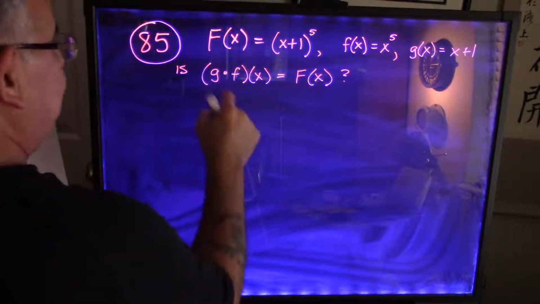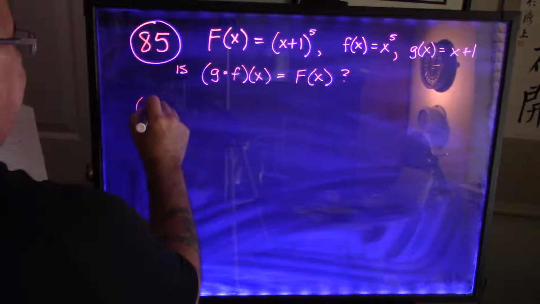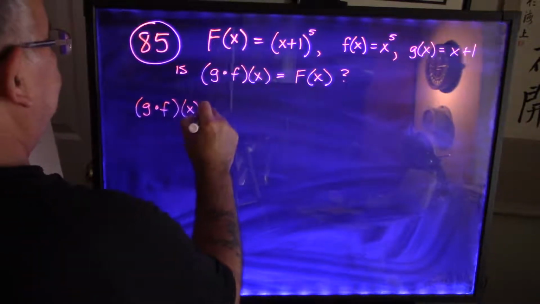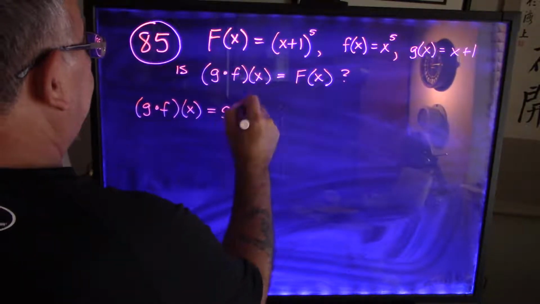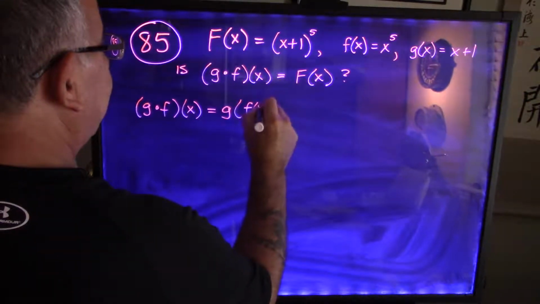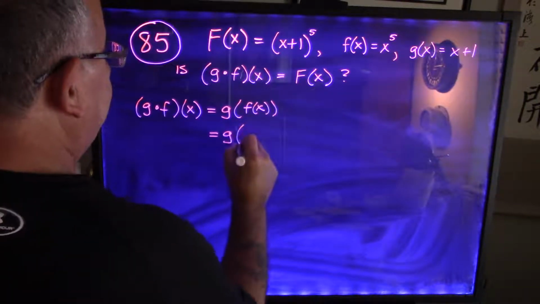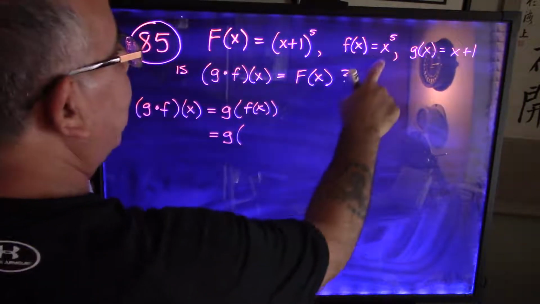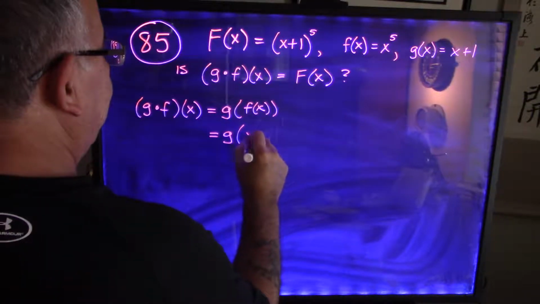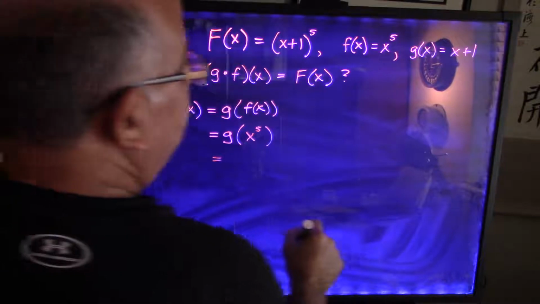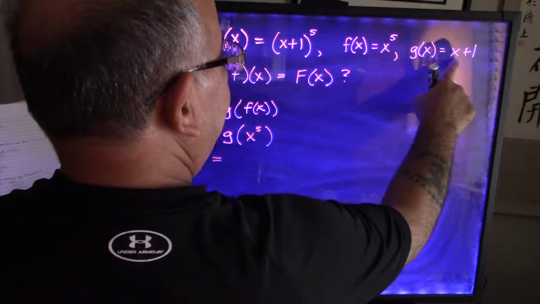Well, let's find out what g composed with f is. G composed with f of x is g of f of x, and that's g of, what's f of x, lowercase x to the 5th, g of x to the 5th, and put it in there, x to the 5th plus 1.